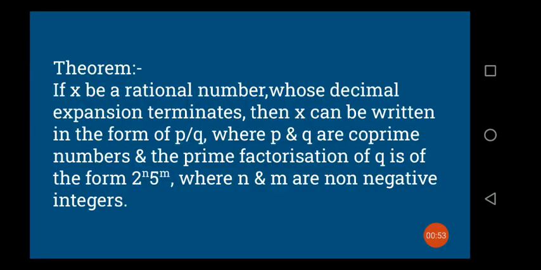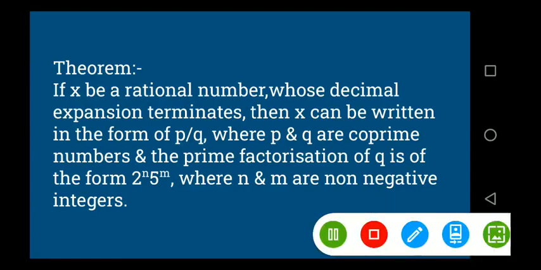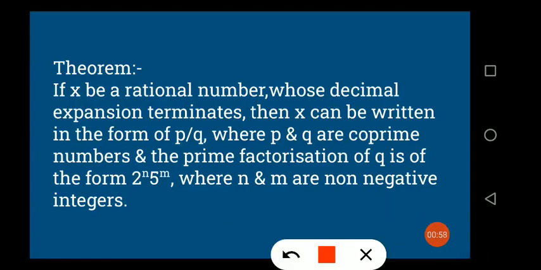There is a theorem which says that if x is any rational number and its decimal expansion terminates, and x is written in p by q form where p and q are co-prime, then the prime factorization of q is of the form 2 to the power n into 5 to the power m.